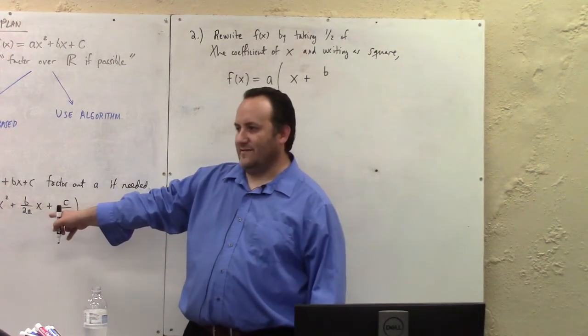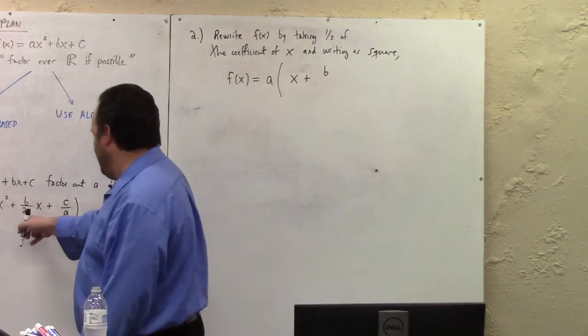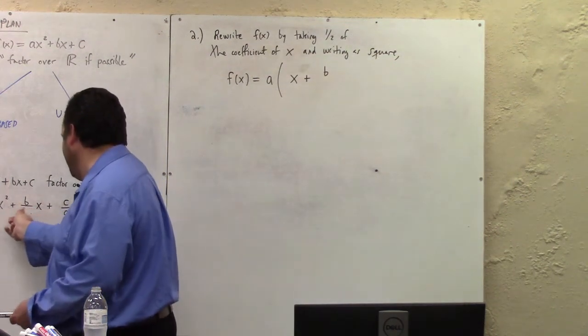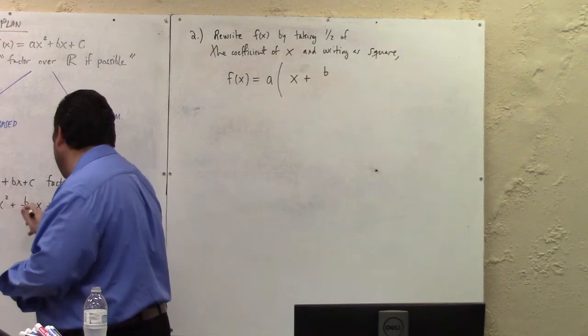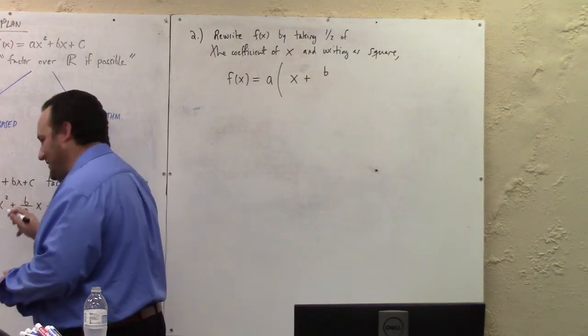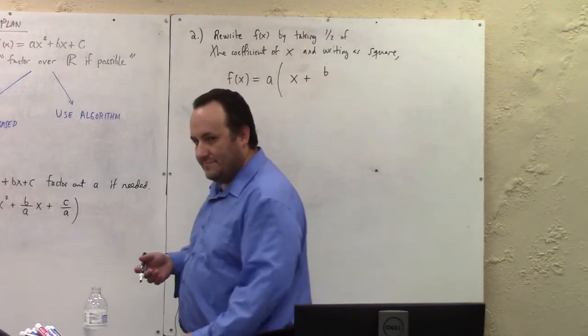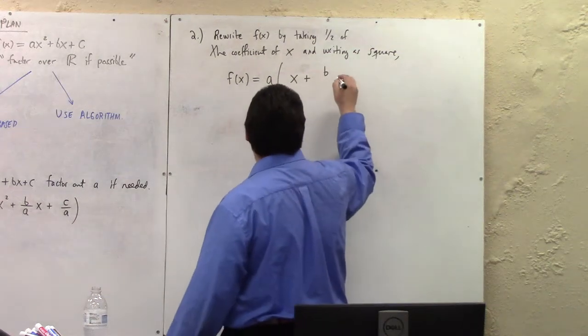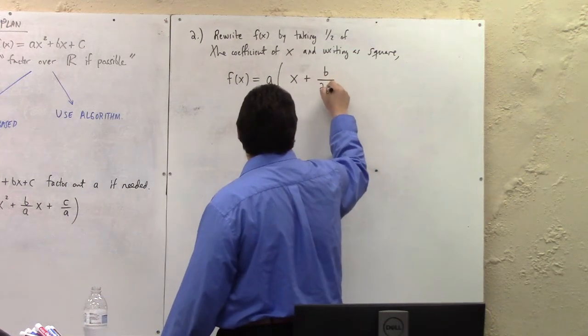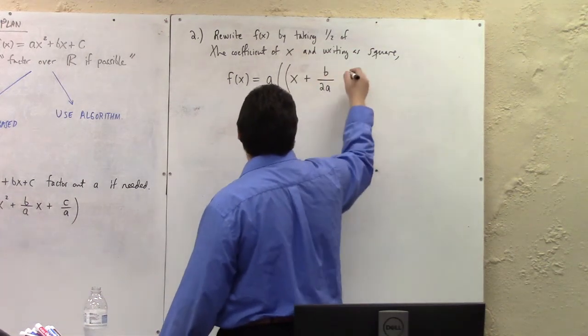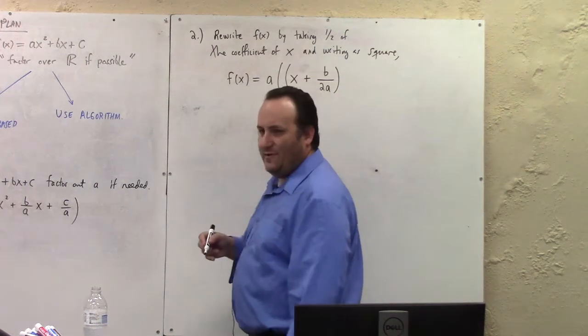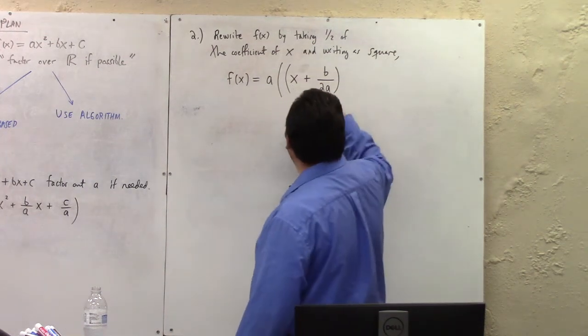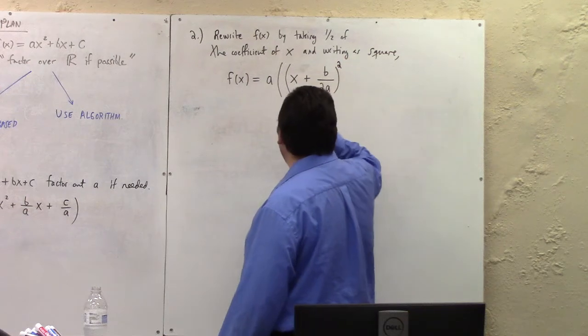I just made it up, right? That is not there. You factor out an a, it should just be a over here. Now I'll put the 2 over here, though. And so I'm going to square that.